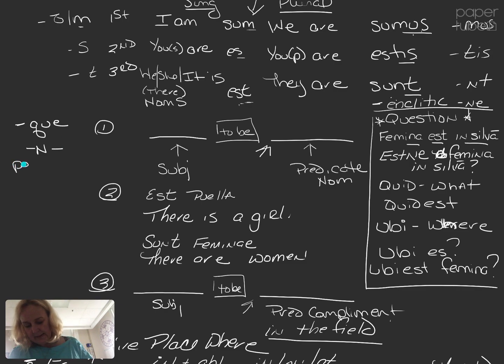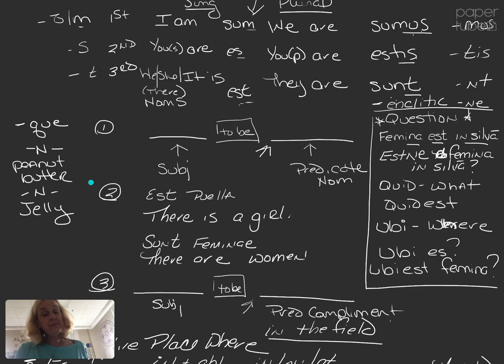We would say peanut butter and jelly. If we were to say that in Latin, we would not use an et. That would be something, something, and something. Peanut butter and jelly, we would put the que on the second word. So that que tells us that the word before is attached to it.